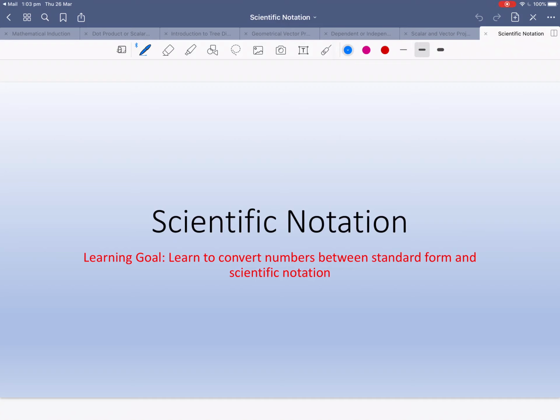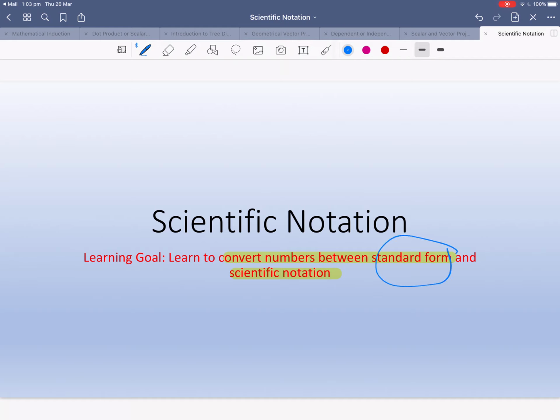This lesson is called scientific notation, and essentially it's pretty straightforward. All we're doing is learning to convert numbers between standard form and scientific notation. Now, scientific notation is used a lot in science, particularly subjects like physics, even chemistry, hence scientific notation.